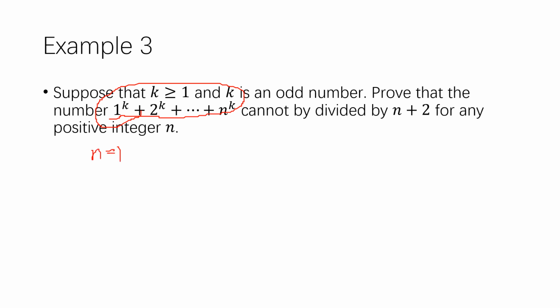It just stands, isn't it? It just stands. However, it's clear that 1 cannot be divided by 3. Yeah? We erase it now to save some space for the proof.